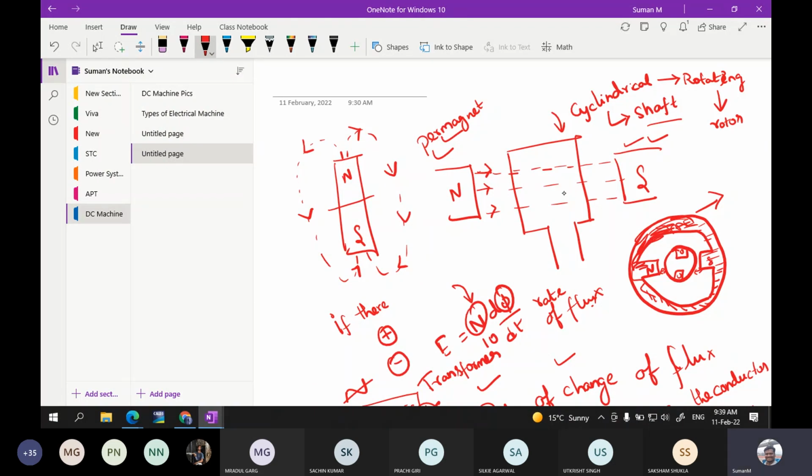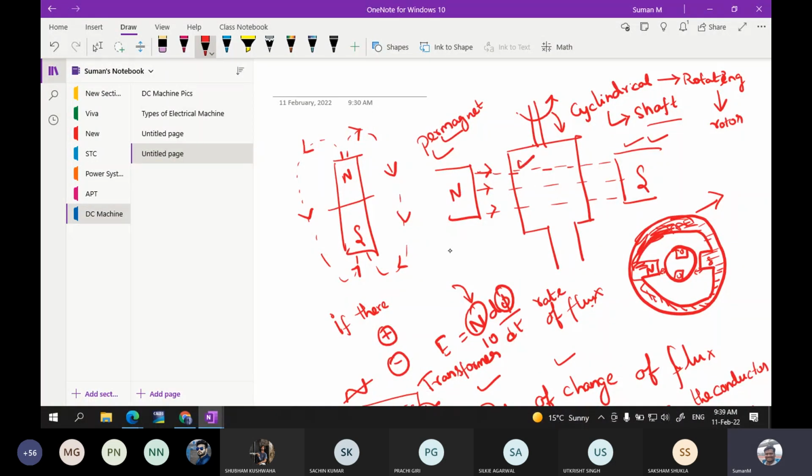Now, we already said that this wire is wound on a cylindrical structure. That structure is connected with a shaft. When this shaft rotates, that cylindrical structure will rotate, and then this conductor will also rotate.